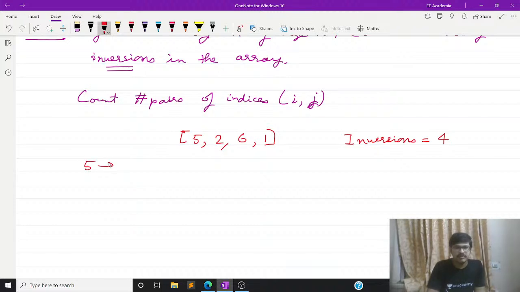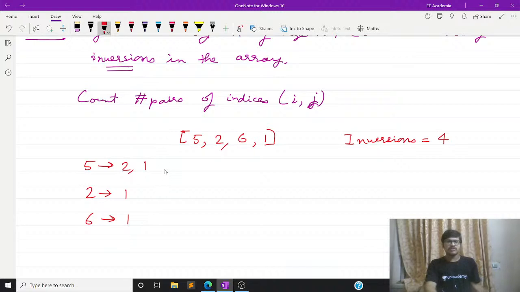For 5, the number of elements smaller than it on the right are 2 and 1. For 2, the number of elements smaller than it is 1. For 6, the number of elements smaller than 6 is 1. So here it is 2, here it is 1, here it is 1. That means 2 plus 1 plus 1 equals 4.